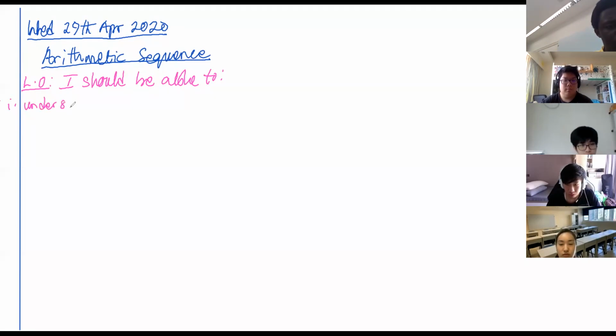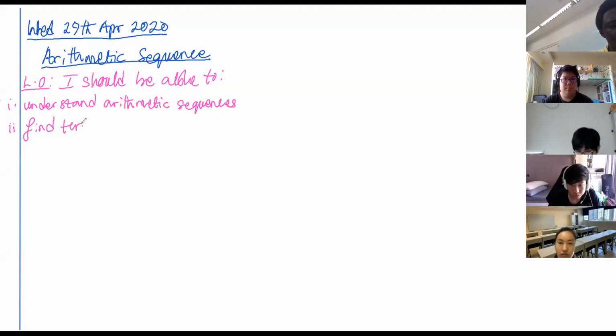Okay, understand arithmetic sequences. The second thing I want us to be able to achieve is to find the term and position of such a sequence.